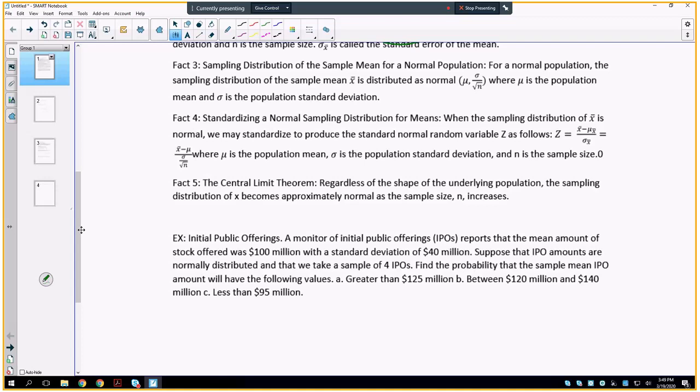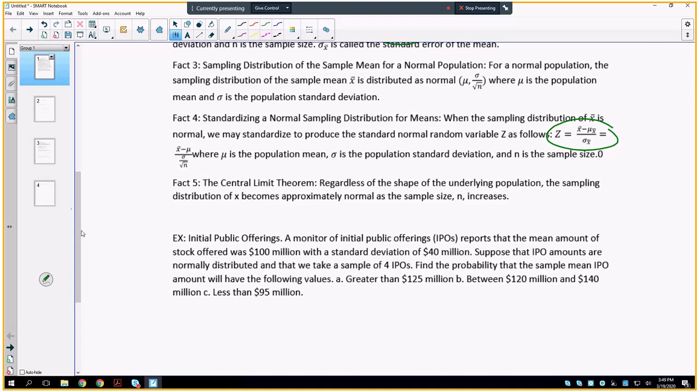And so it says here that when the sampling distribution of x bar is normal, which we know happens when the distribution of the population is normal, then we can standardize it using this formula, which should look pretty familiar, pretty close to the formula we already used. So you see here x bar, the sample mean.